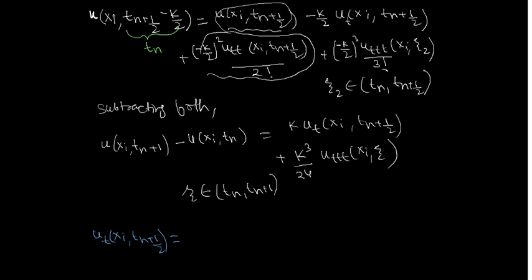This will be (u_i^(n+1) minus u_i^n) divided by k, plus k squared by 24 u_ttt at x_i, xi_1.